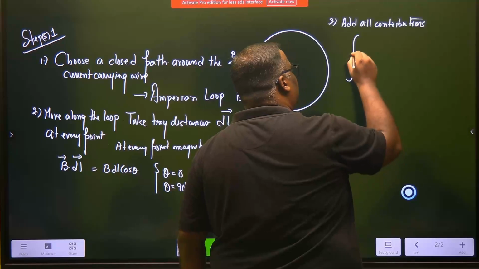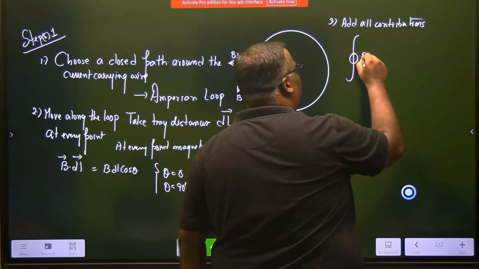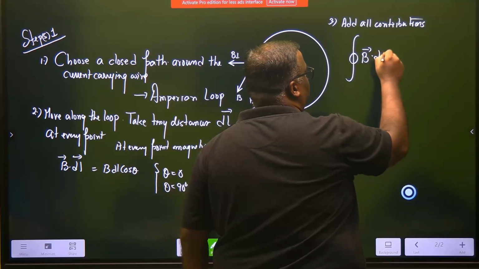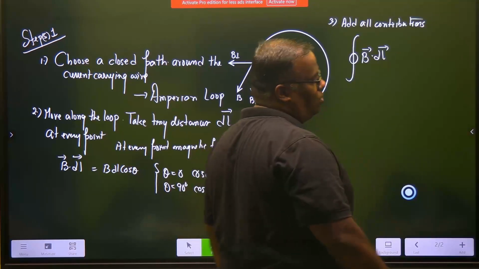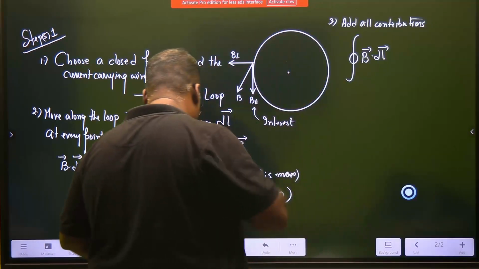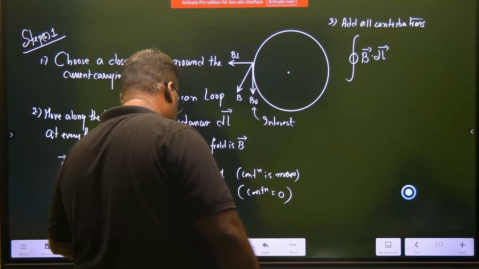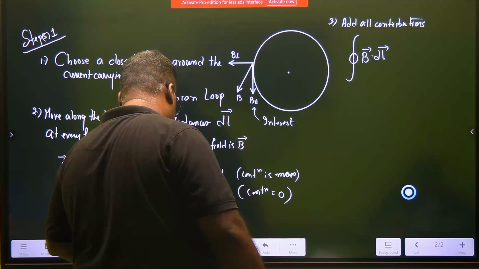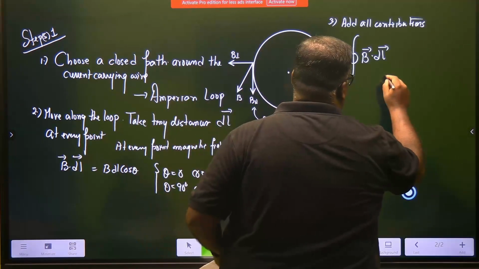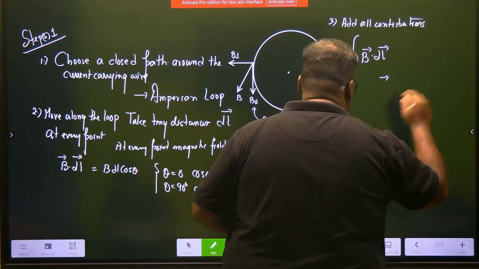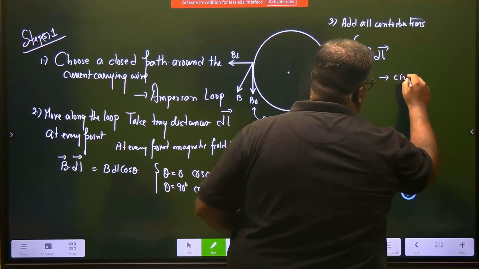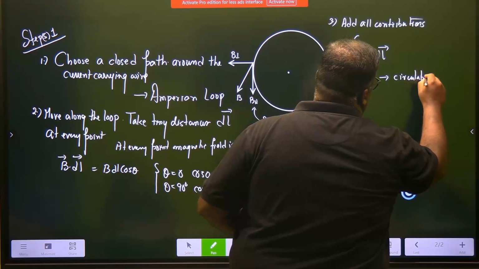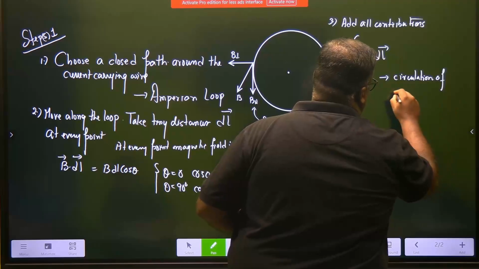You will be integrating along the loop for B dot dl. There you used to do E dot ds or E dot dA. Here you will do B dot dl. And when you do B dot dl, this is the circulation of the magnetic field.